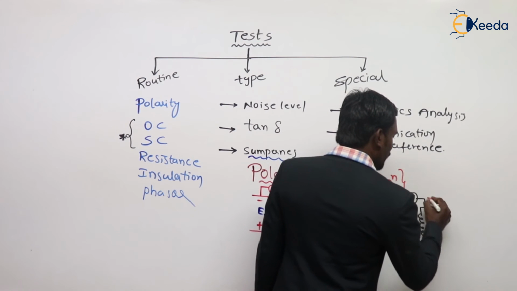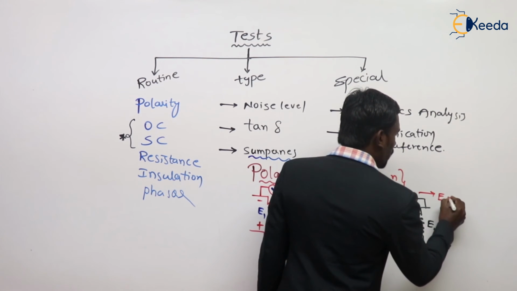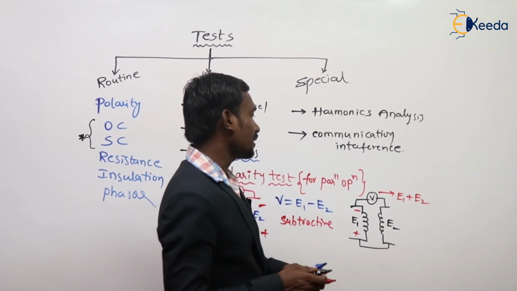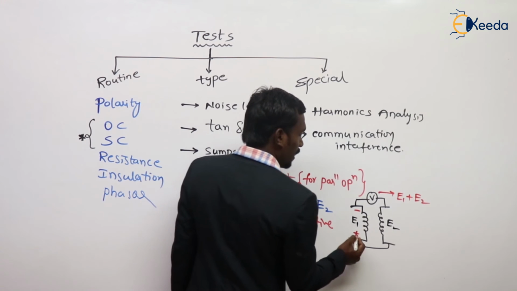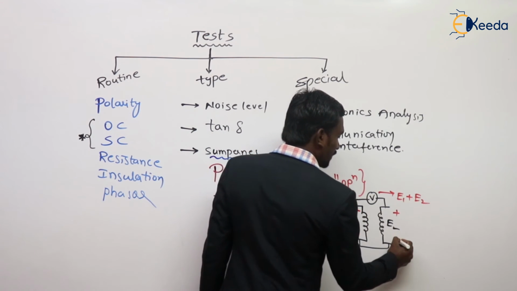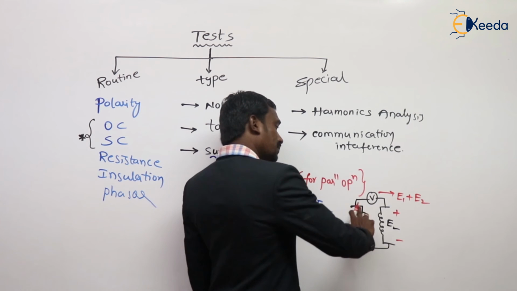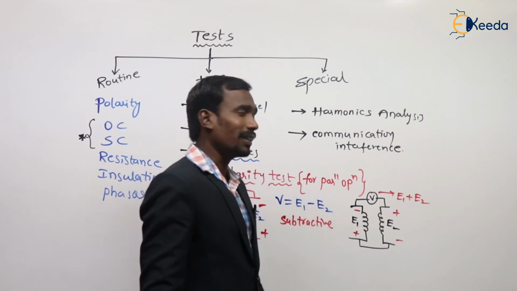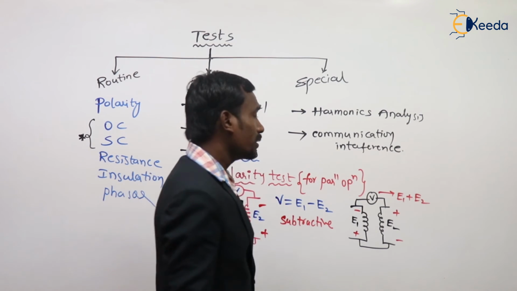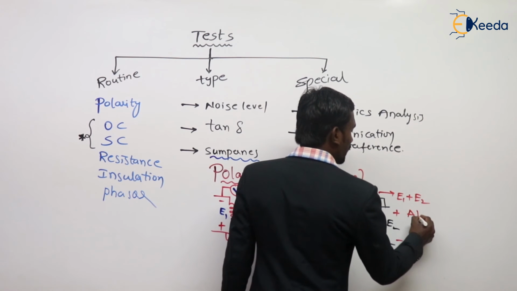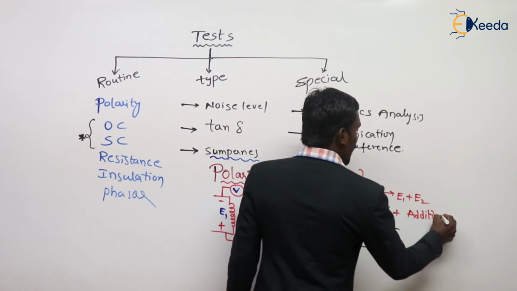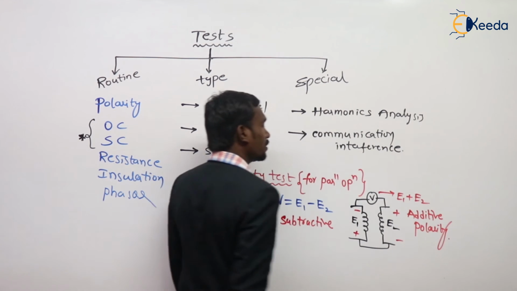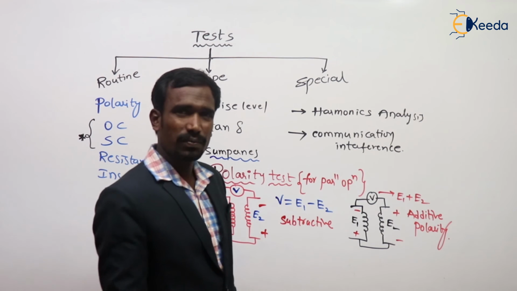If the voltmeter reads the sum of the two EMFs, nothing but plus minus and plus minus, combined additive in nature, so the voltmeter reads E1 plus E2. This is called additive polarity. This is simply about the polarity test.